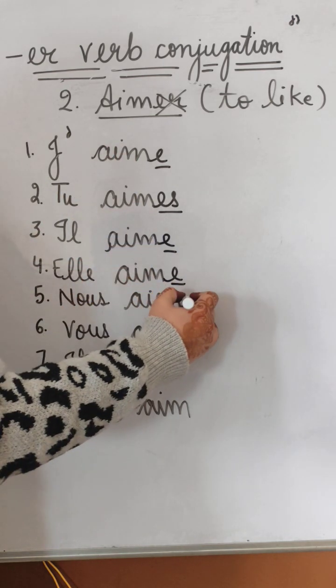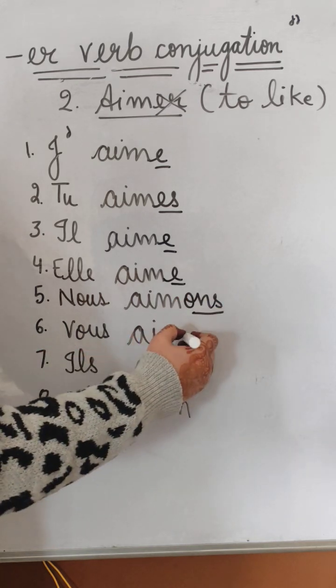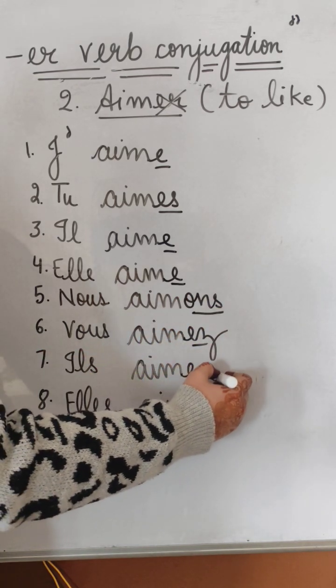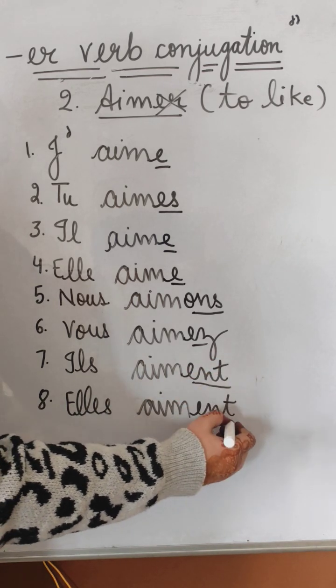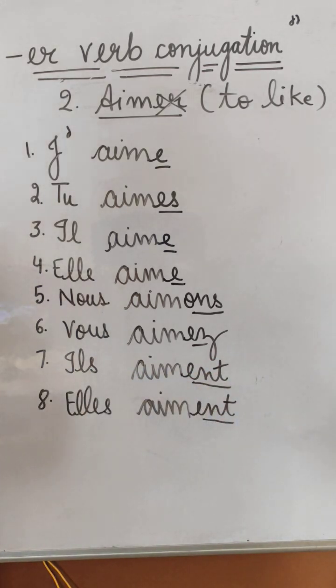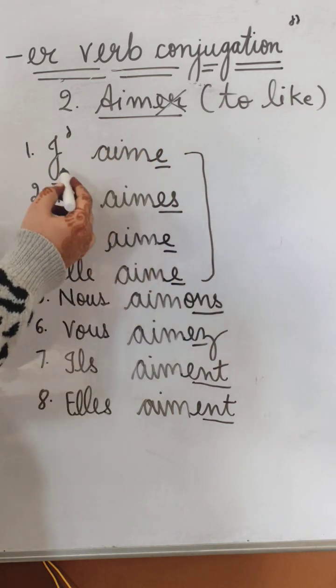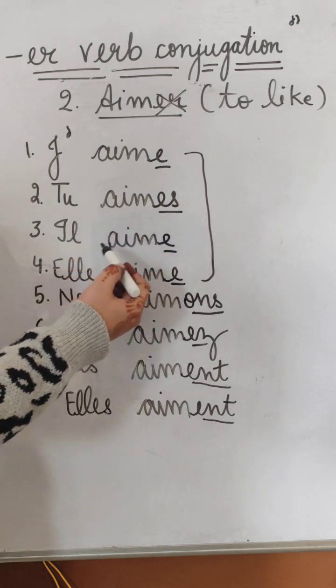Then with nous, the n sound is there, so ons. Vous, ez. This is ent and this is ent. So what is the pronunciation? J'aime, tu aimes, il aime, elle aime. These four are singular. And what is the meaning? I like, you like, he likes, she likes.